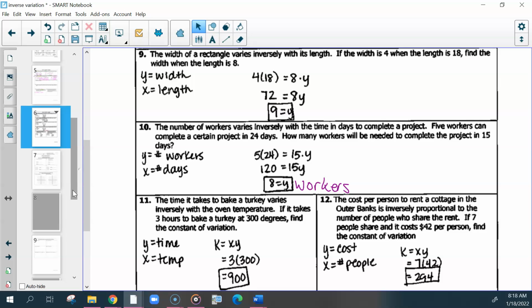Don't know who did 9 or 10, but I'll put both. So 9 was 9, the width was 9. 10 was 8 workers, and for 12, your K value was 294. So if you didn't get those, double check and look at your work.